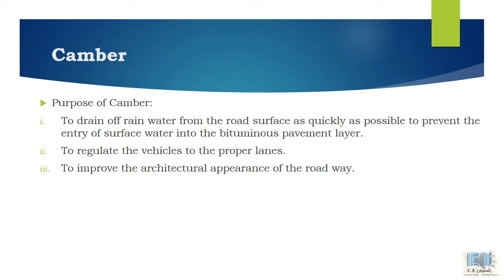This is the main purpose of camber. Then the second is to regulate the vehicles to the proper lanes. Means due to camber, vehicles go into the proper lanes. And the last purpose of camber is to improve the architectural appearance of the roadway. The camber improves the appearance of the road or highway.